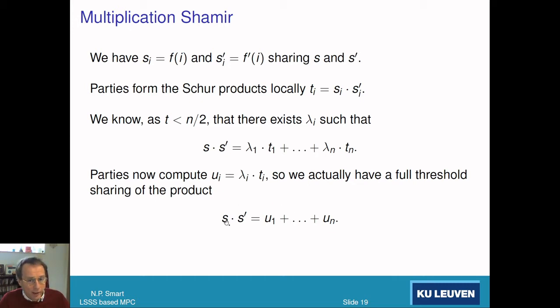So what we actually have is that the product s times s dashed is a full threshold sharing of a value u_1 known by party 1 up to a value u_n known by party n. This is what we really get out of the Shamir analysis.